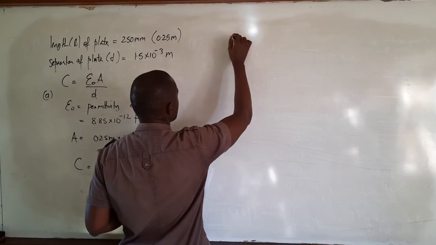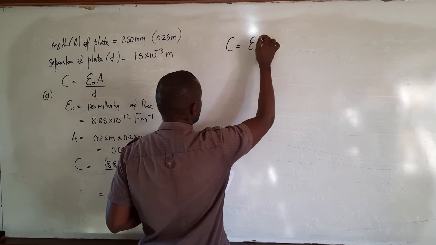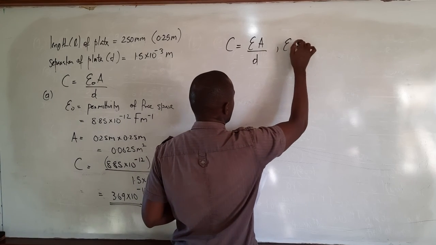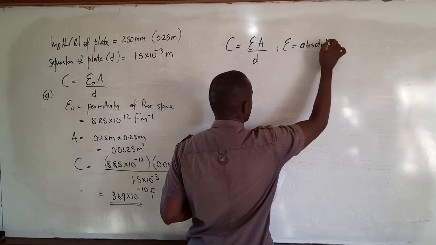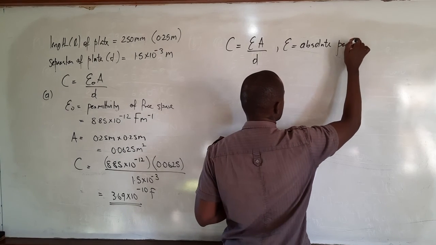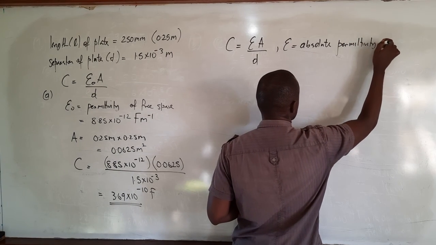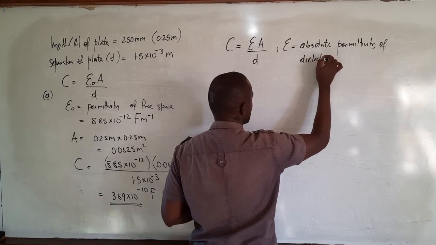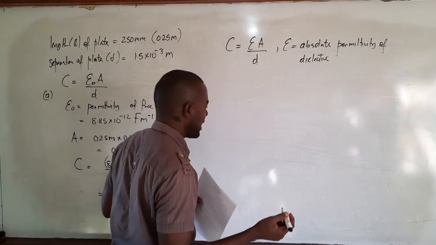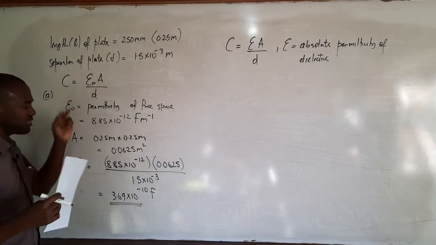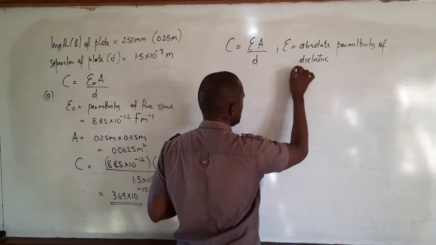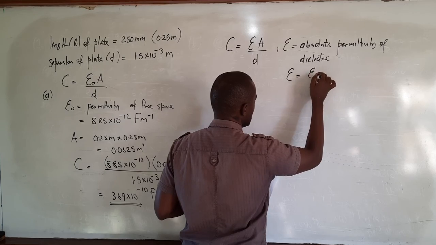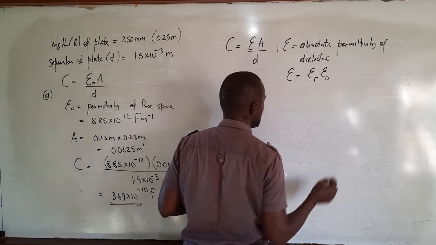We have C equals epsilon A over D, where of course epsilon is called the absolute permittivity of the dielectric and is related to the permittivity of free space by the equation epsilon is equal to the relative permittivity epsilon R times the permittivity of free space.